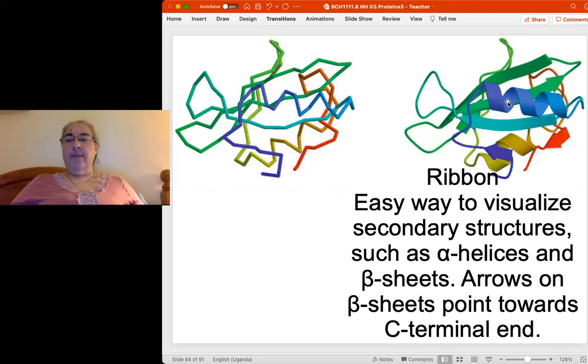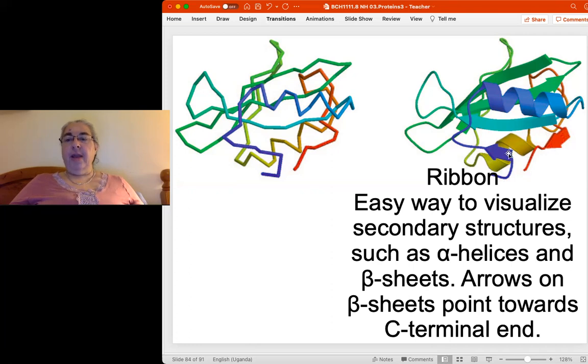So here we have a ribbon of alpha helix, and here another ribbon of alpha helix, and here we have a beta sheet, which is actually lying along the alpha helix. And here we have some more beta sheet here, an anti-parallel beta sheet here and here, and another bit of it here. And I think this one will be interacting with that one as well.